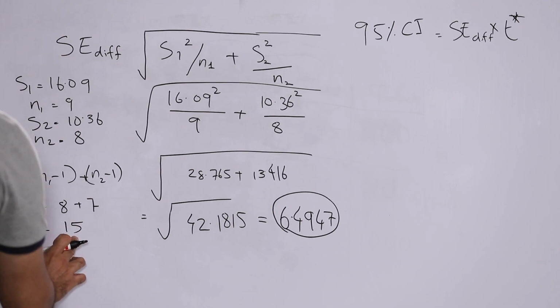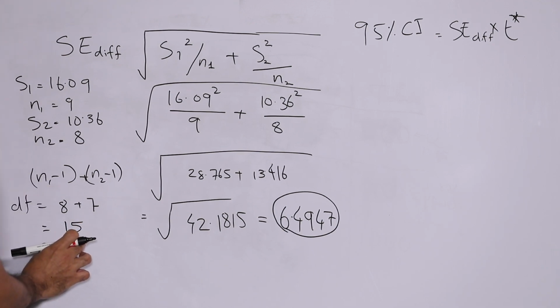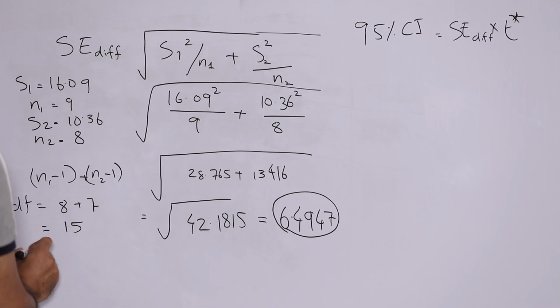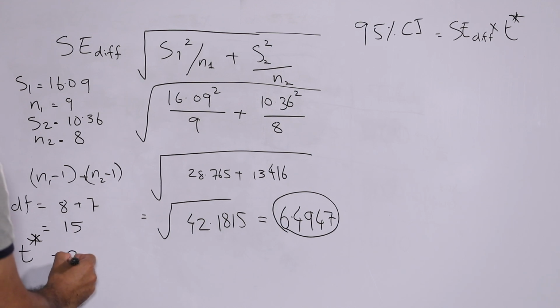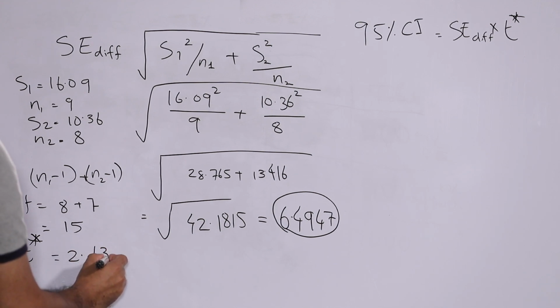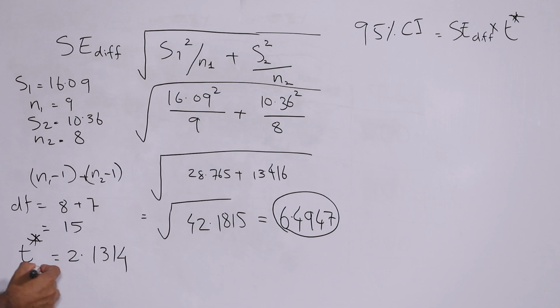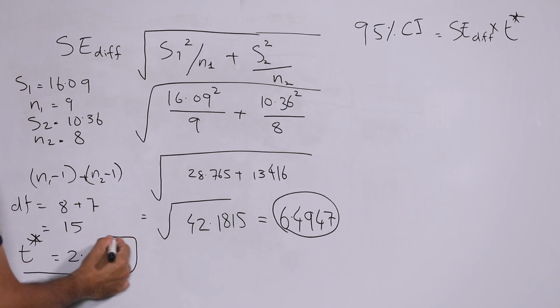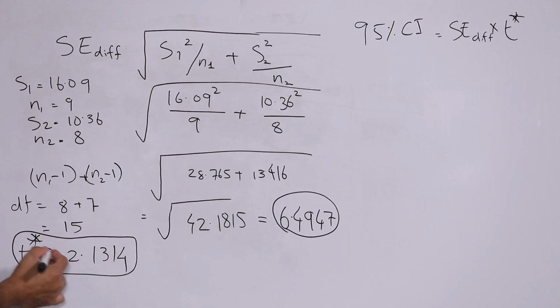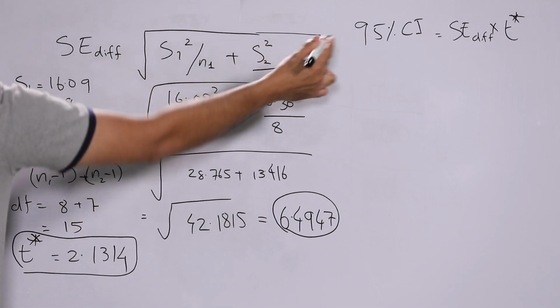If 15 is the degrees of freedom, and given the confidence level, that means alpha is 0.05, then you will find that the T star, the constant from the Student t distribution, is equal to 2.1314. This is the t value from the table that we are going to use for the calculation of the 95% CI.